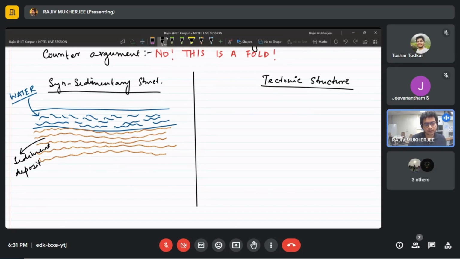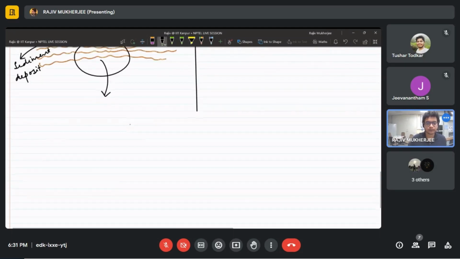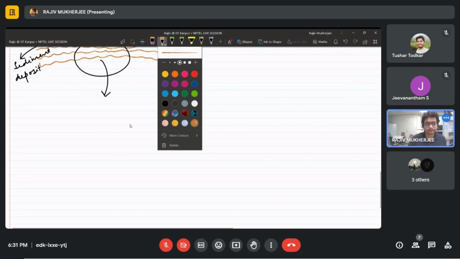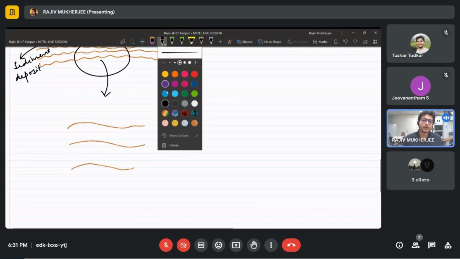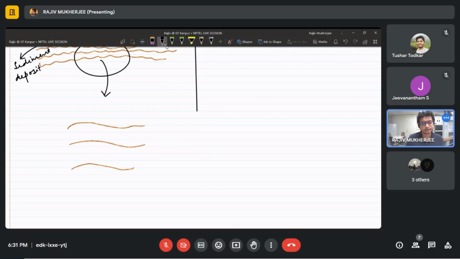Now, if I zoom into this area, we see that within these layers, because of the tremor or any kind of disturbance, it has created these convolutes.